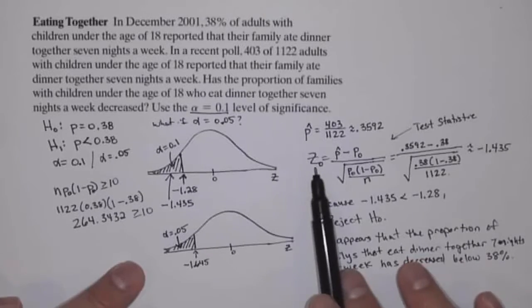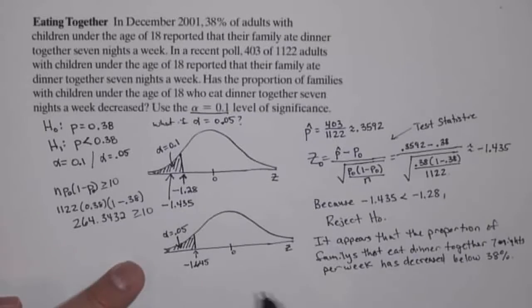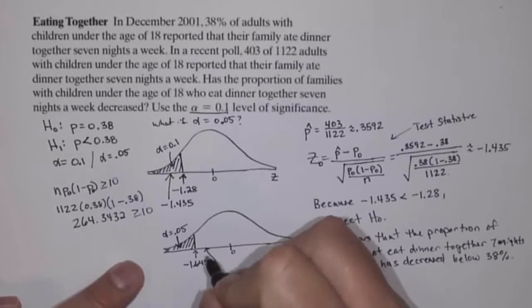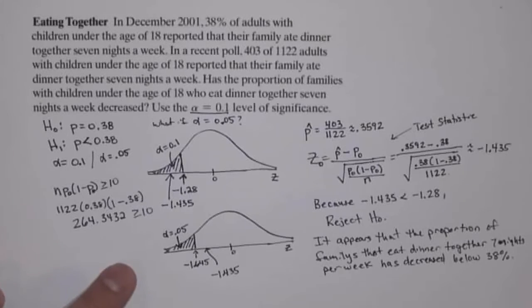So when I calculate my test statistic and come up with negative 1.435 compared to negative 1.645, negative 1.435 would be to the right of that negative 1.645, and so I would not reject the null hypothesis.